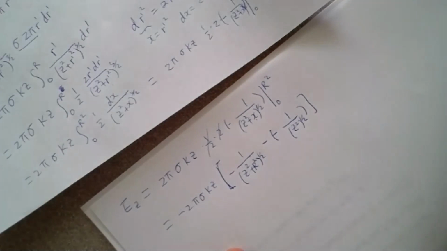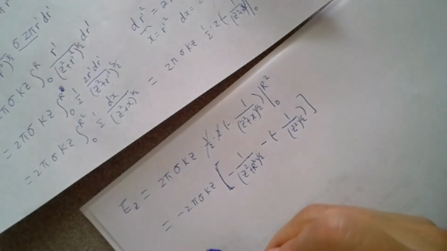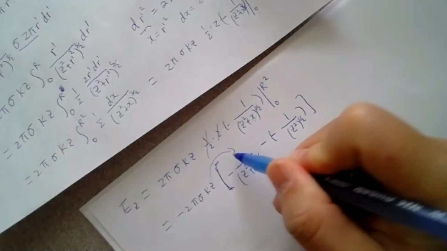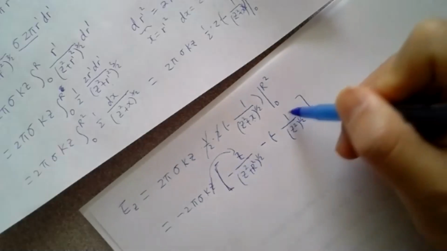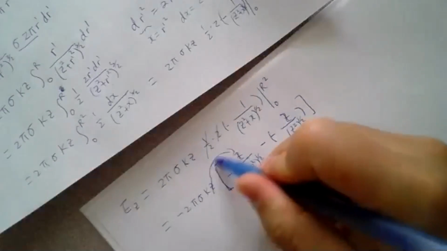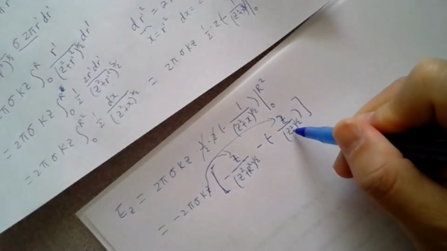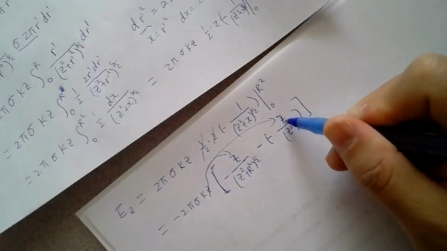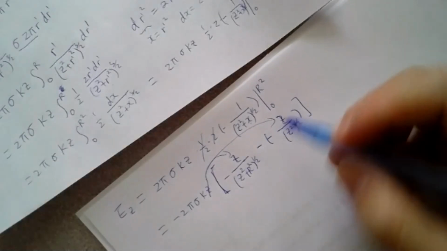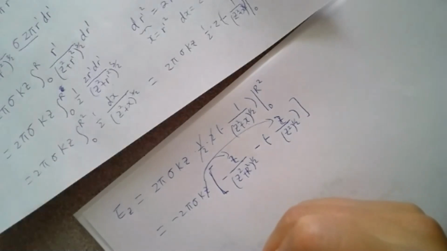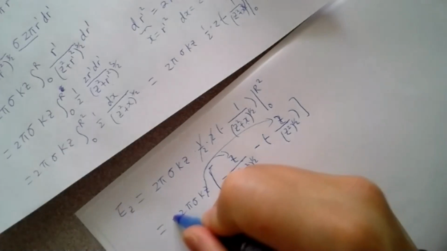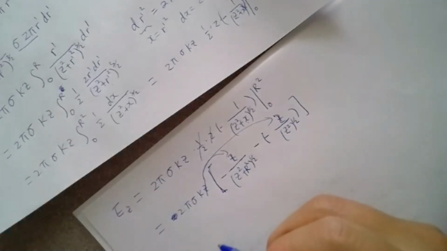Then you can distribute the z in, so z squared to the 1/2 will be z. Minus minus becomes positive. Oh, I shouldn't have a minus there, it's just from the above.